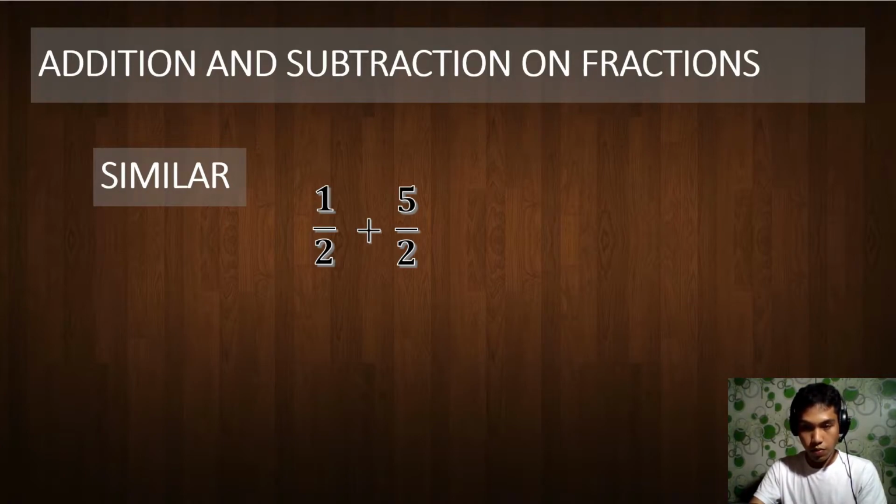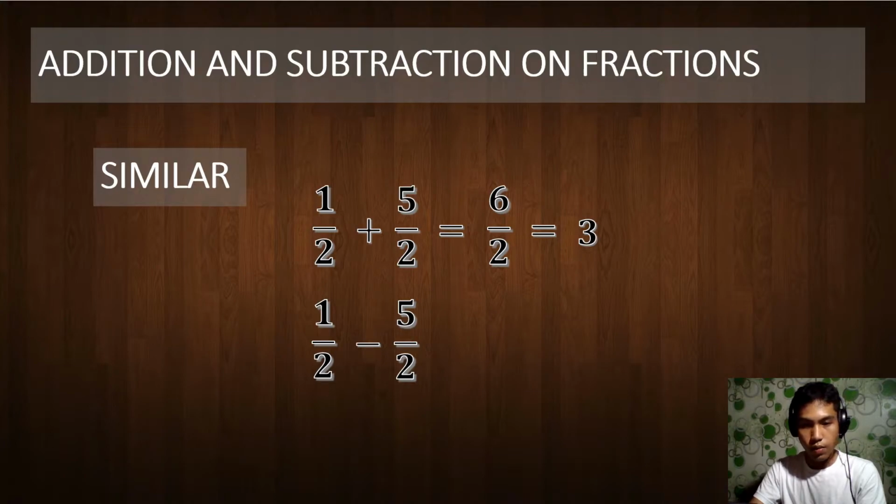In this case, perform addition on the numerators. Copy the denominator 2, then we have 1 plus 5, which equals 6. Then 6 divided by 2 can be simplified into 3. So that is an integer or a whole number.